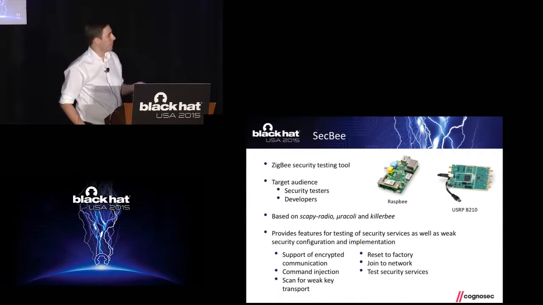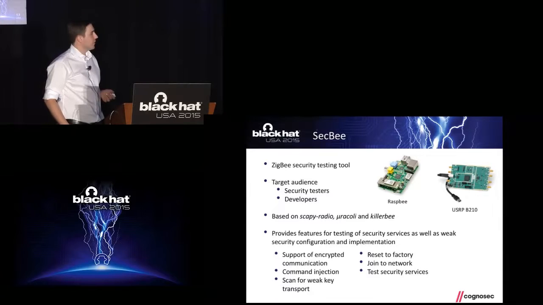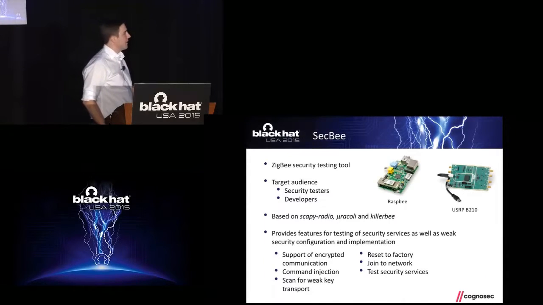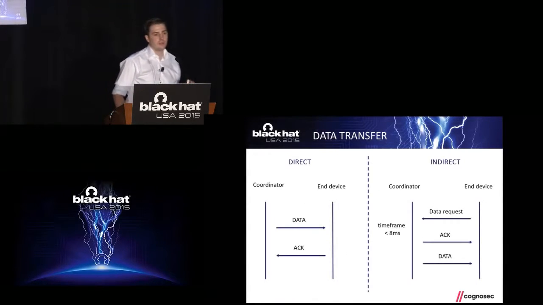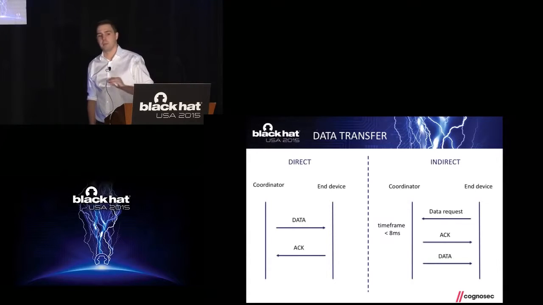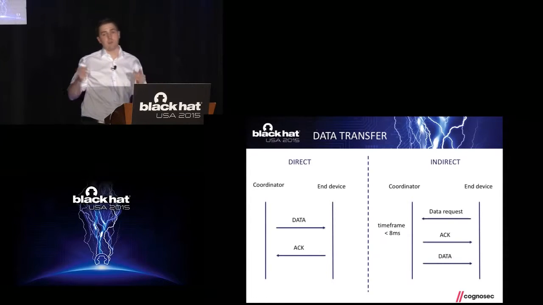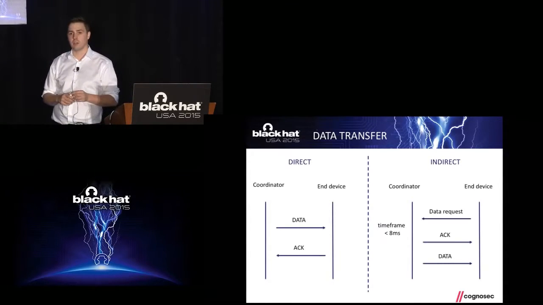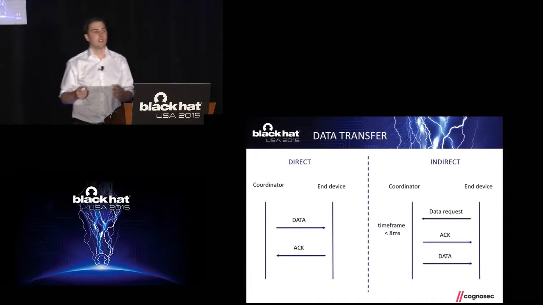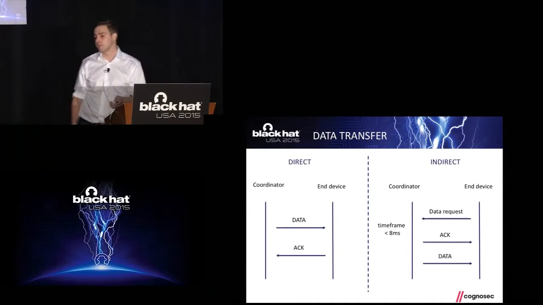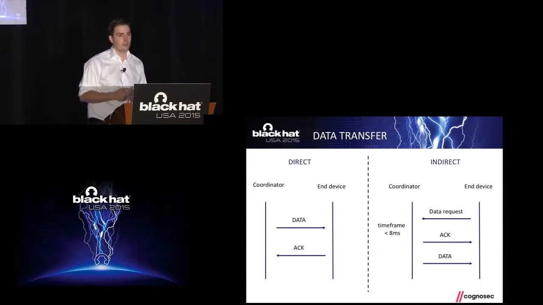And the Raspberry Pi we used for command injection, because we realized there are 2 ways of doing data transfer in ZigBee. They are called direct and indirect. So in a ZigBee network, you will have battery-powered devices like our door lock, or you will have devices that actually have a constant power supply, like the central usually. So what does this mean? The direct data transfer is for devices with power supply.